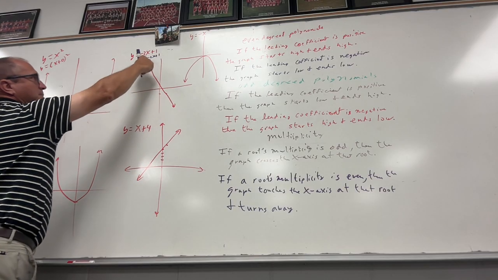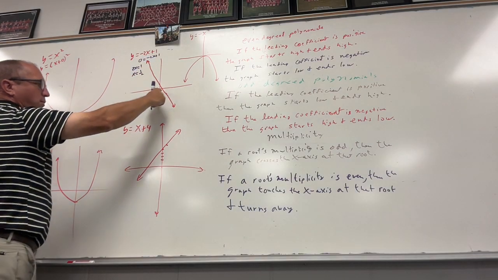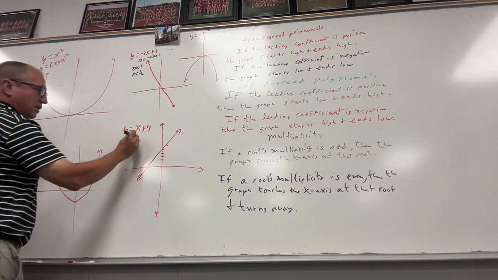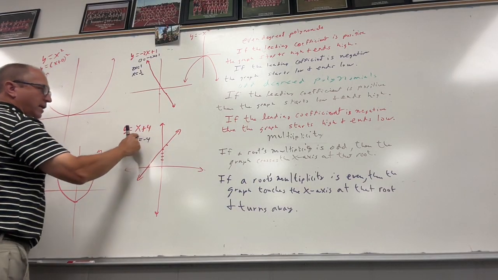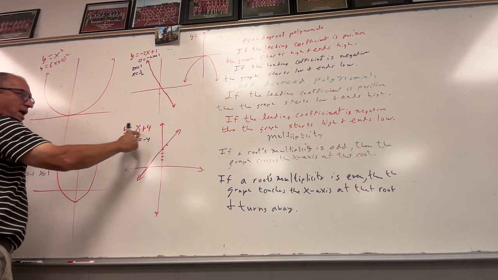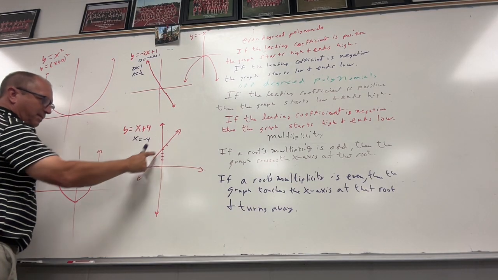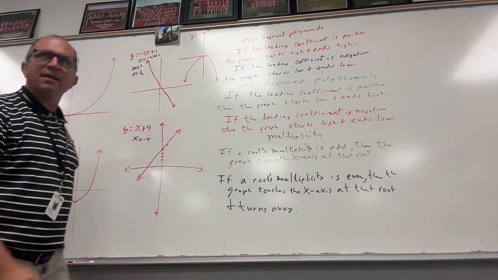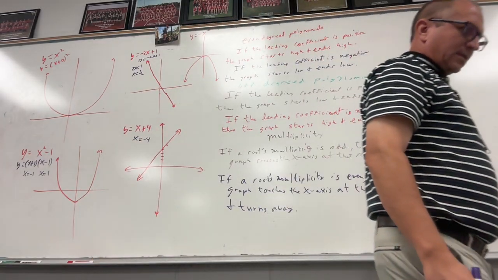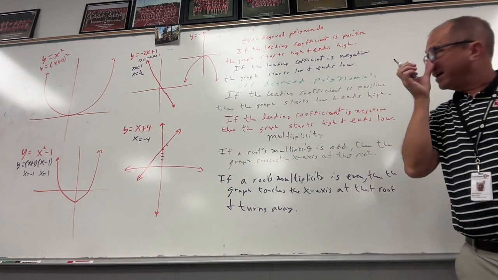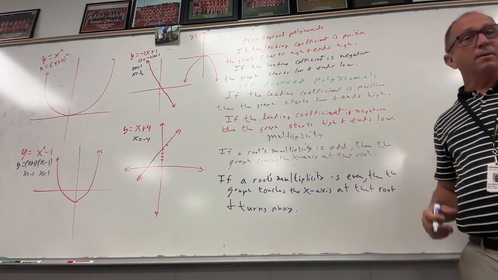Here's 1/2, that's my root, and that's where it crosses the x-axis. Likewise, this would cross at x equals negative 4. It's associated with the root, the factor x plus 4, odd multiplicity. We're crossing the x-axis at that value. So it all ties in here together.